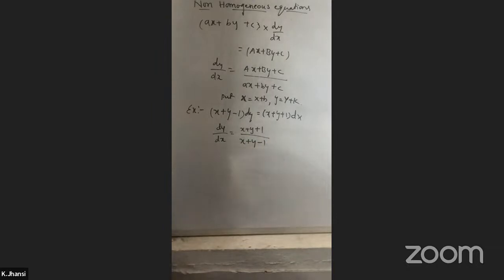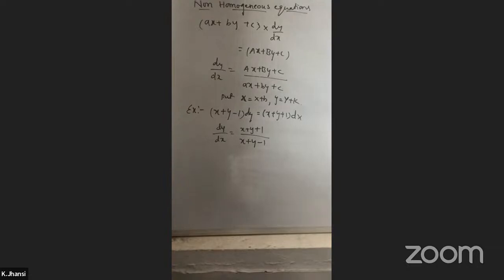If you see this, here 1 is there, here 1 is there, but this term is not having any degree. And here also power 1 is there, but this term is not having any degree. All the terms should have the same degree, so such type of problem is called a non-homogeneous differential equation.